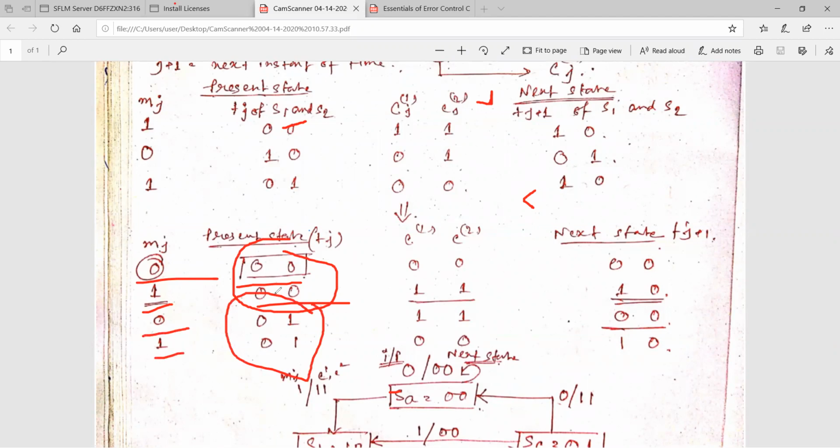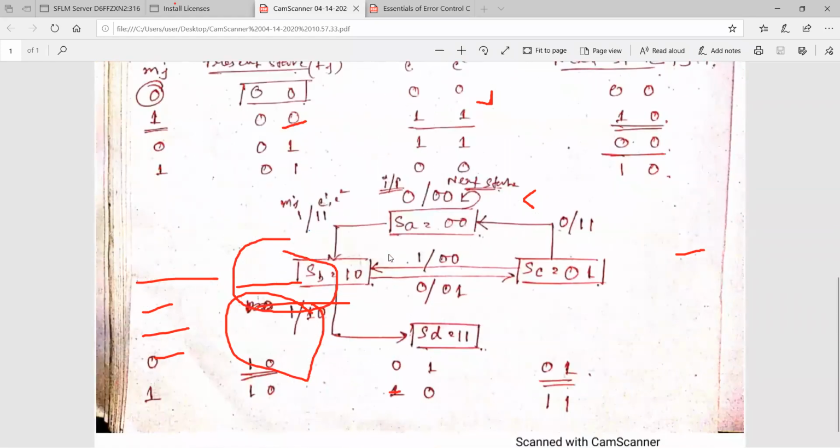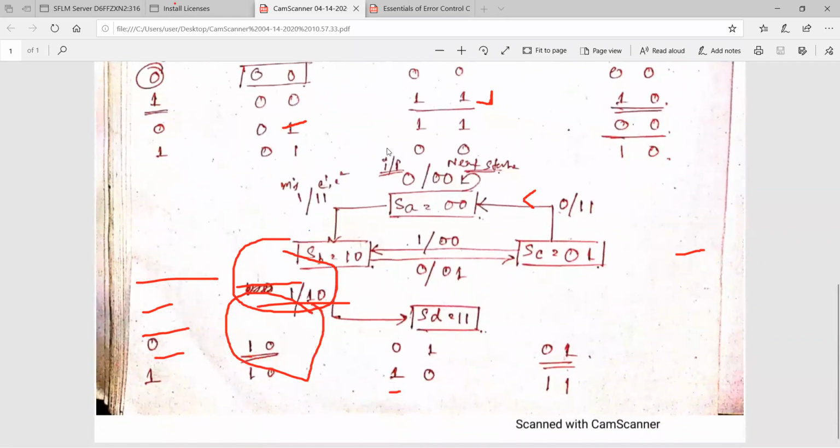And when we are observing what will be the next step, that is Pj plus 1. And this is your state diagram. This is the state diagram.